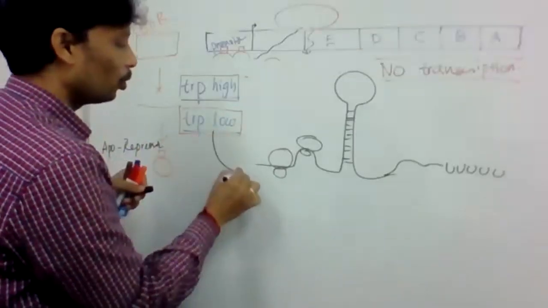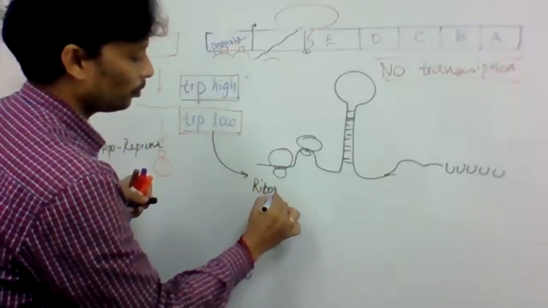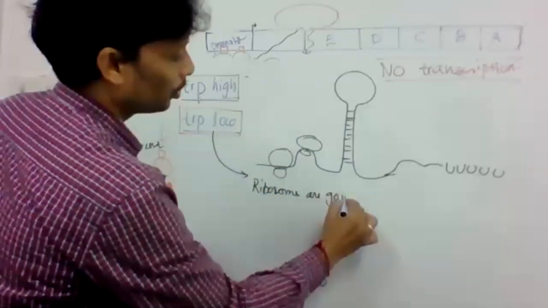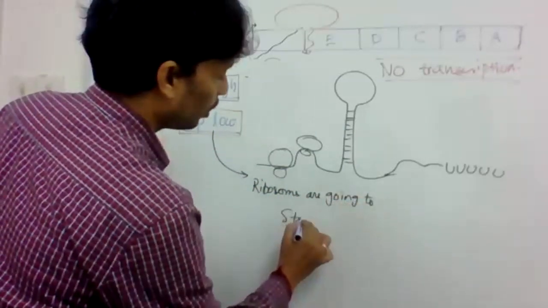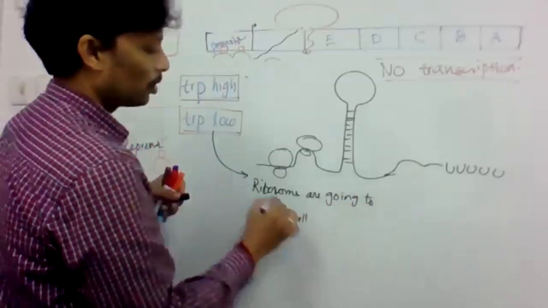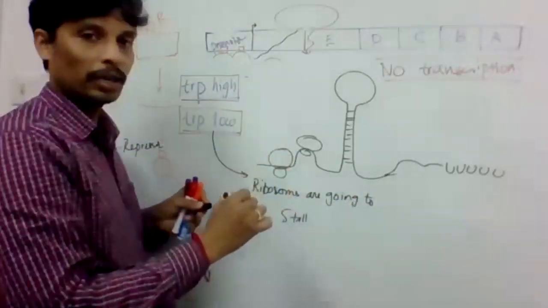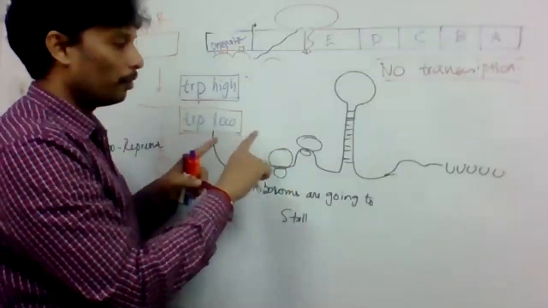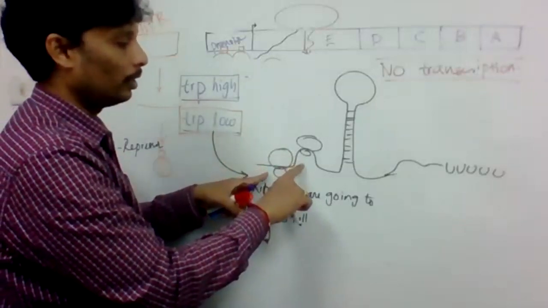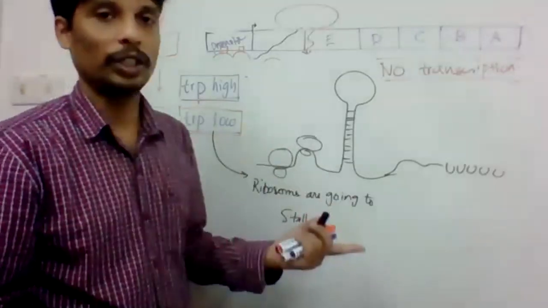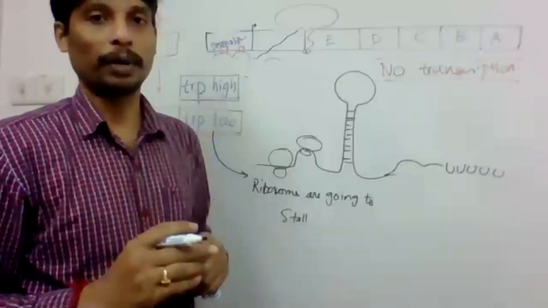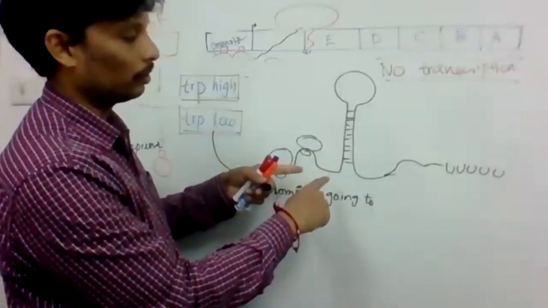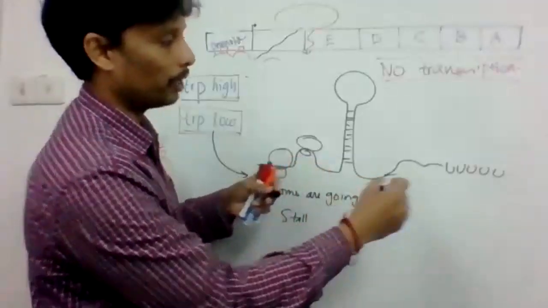When tryptophan is low, ribosomes are going to stall, going to stop at the tryptophan codons because tryptophan is low. When it is stalled over there, the secondary structure will automatically change because it disturbs the first secondary structure. So it will form something like this, and there is no rho independent terminator.